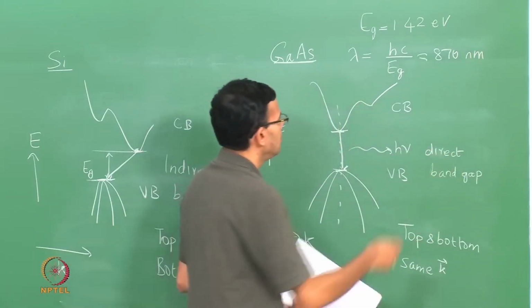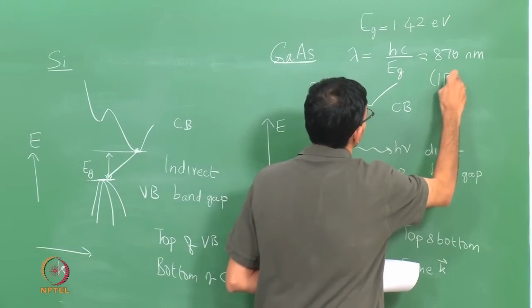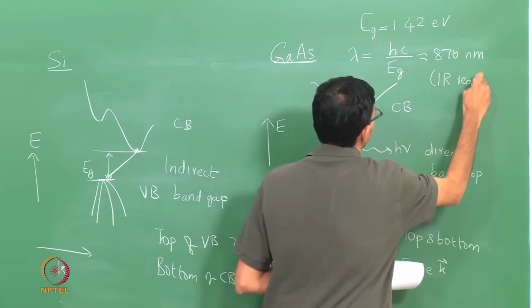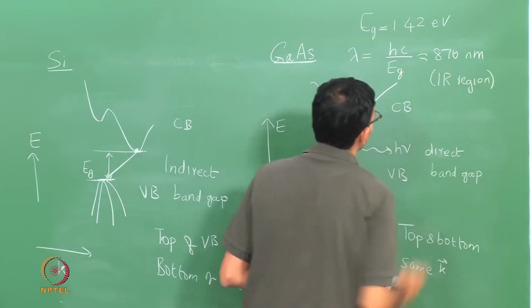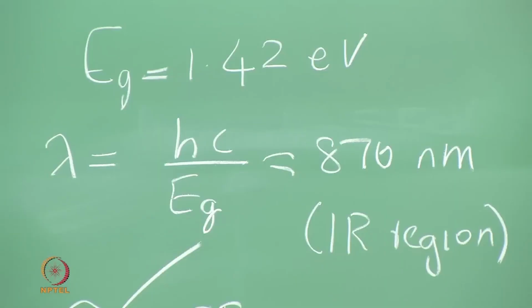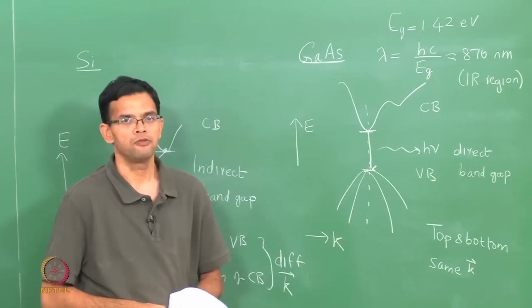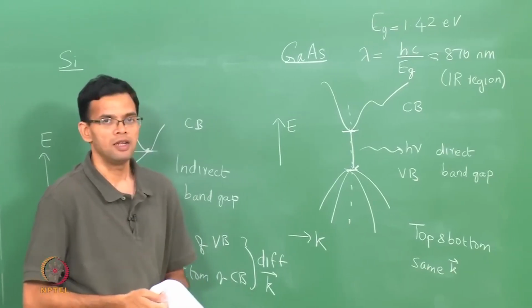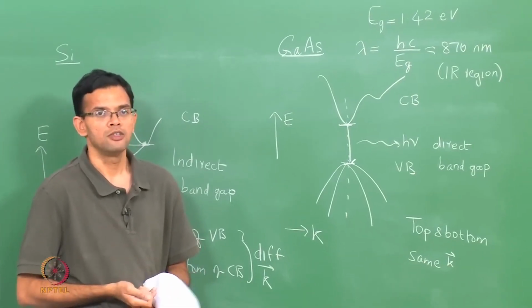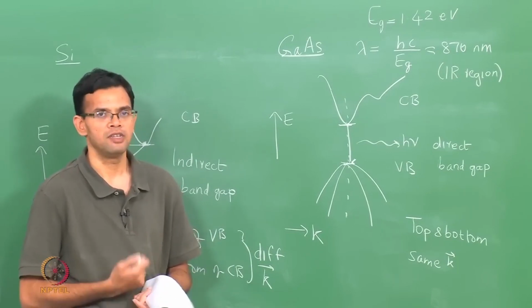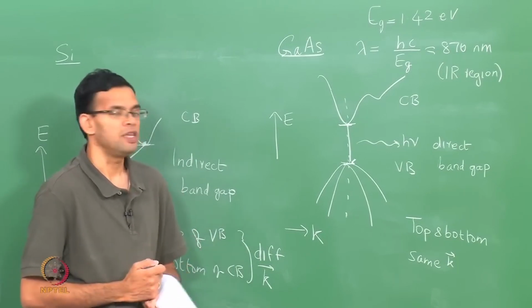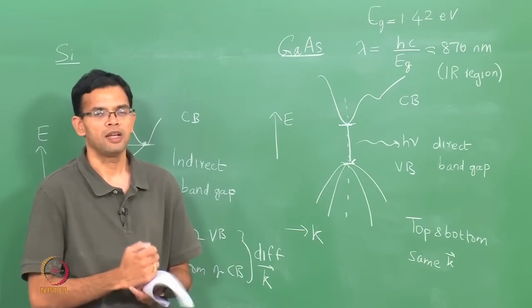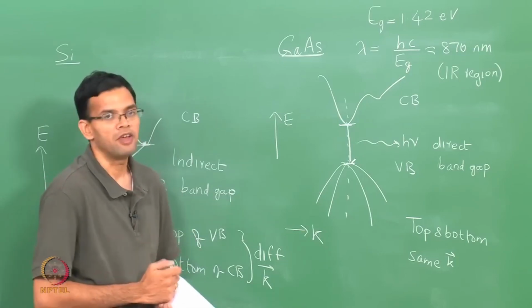This lies in the IR region. If you had a material like zinc oxide, its band gap is around 3.4 eV and the wavelength will lie in the UV region. So, if you have different materials with different band gaps and all of these are direct, then their optical transitions will have different wavelengths.